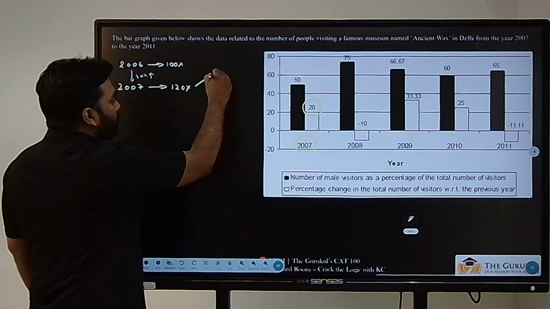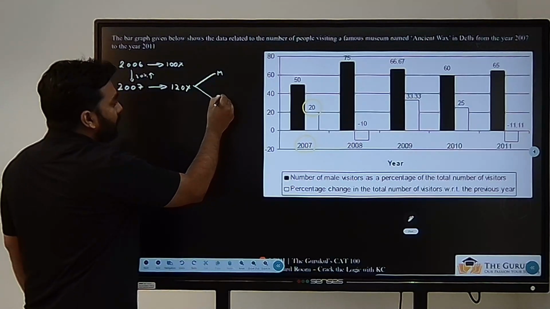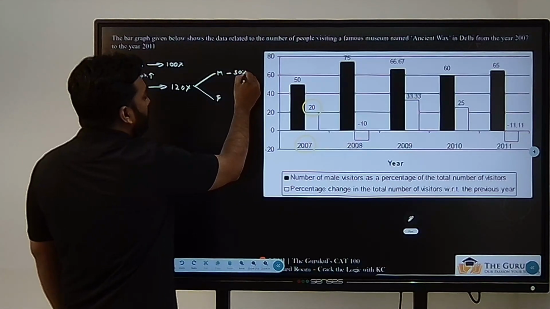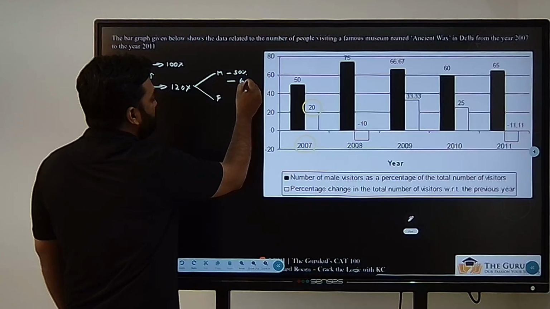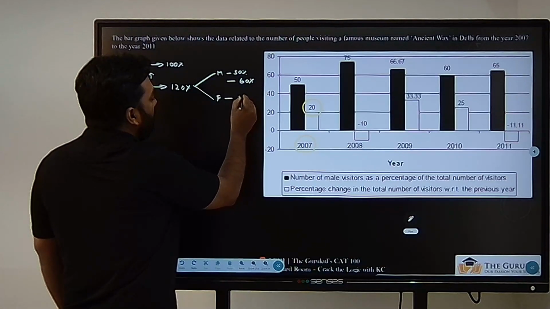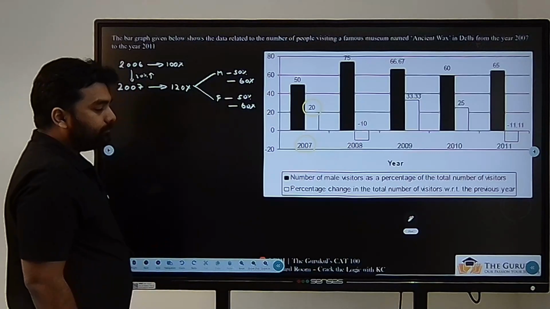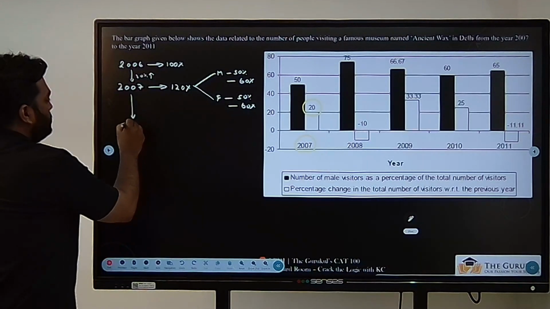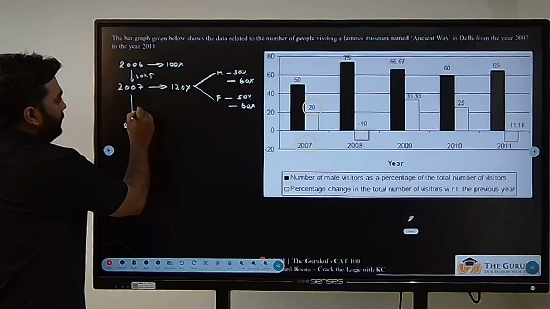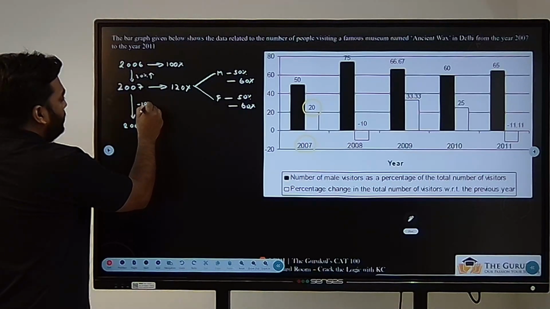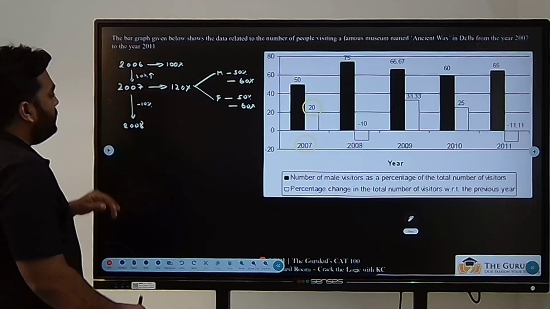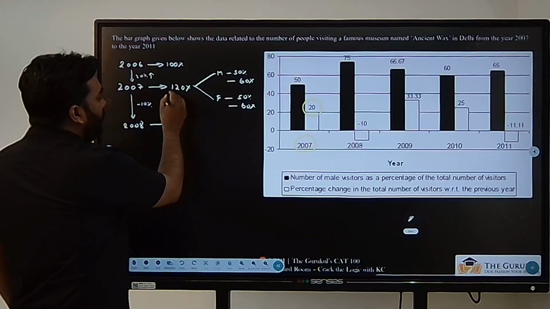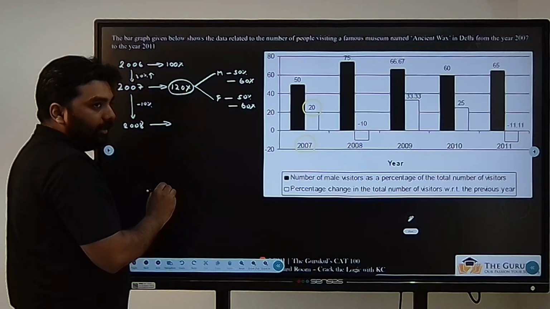In this we are having male and female. Male are 50%, which is equal to 60x. Female are 50%, which is equal to 60x. Very good. Next, from 2007 to 2008, there is a decrease of 10%. Now this 10% decrease is happening on what value? On my 120x.